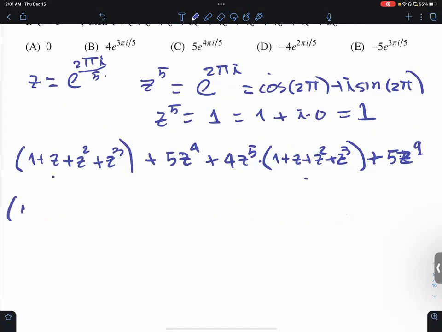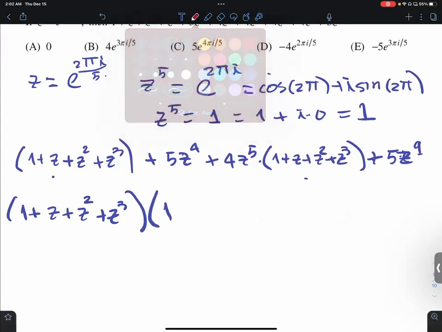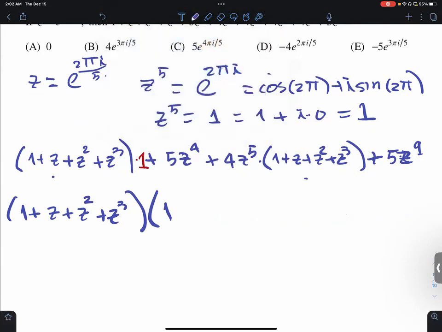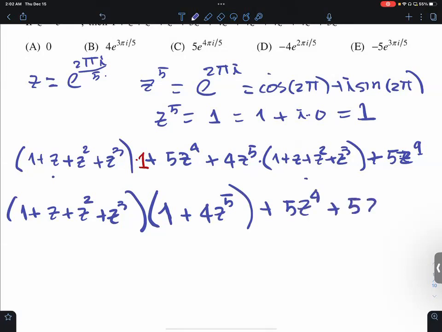It's going to be 1 plus z plus z to the 2nd plus z to the 3rd times 1, because there's an invisible 1 here, plus 4z to the 5th plus 5z to the 4 plus 5z to the 9.